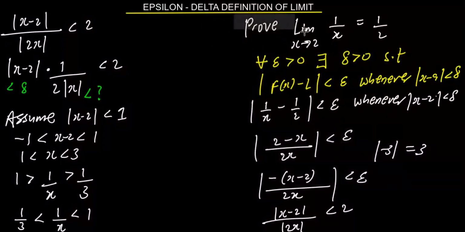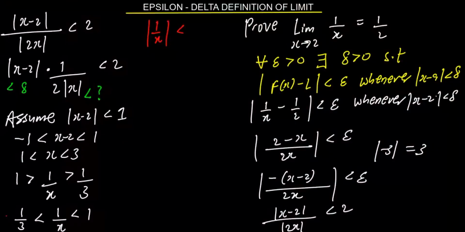Okay, so let me erase. Okay, let me manage this. Alright, so this is what I have. So what will I do from here? Okay, remember that when I get stuck at this side, I'll pick the highest value. So I will say the absolute value of 1 over x is less than the highest value between 1 over 3 and 1, which is 1.